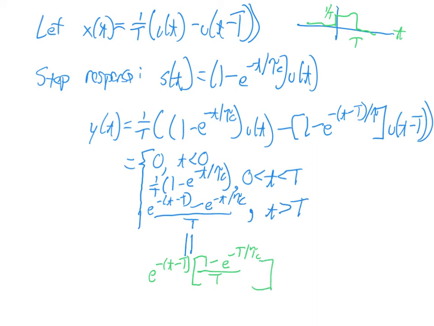Now let's just do a check. Let's evaluate y of t at capital T from the right side. So we use the final expression where t is greater than T, and we substitute in small t equals capital T. So our term out front is going to be e to the 0, so it's times 1, and then I just have this constant right here in the brackets left over.